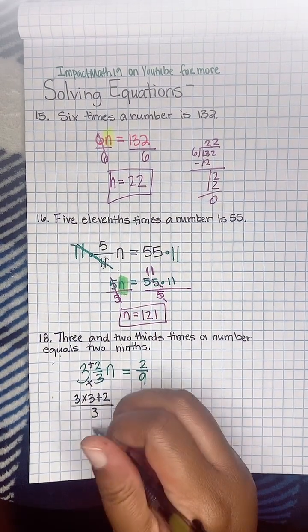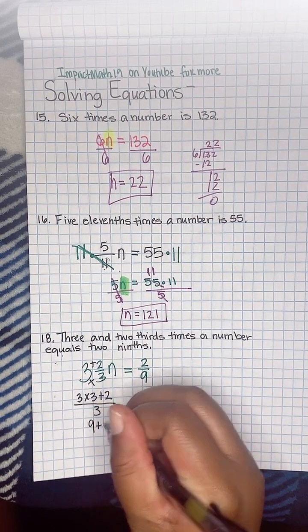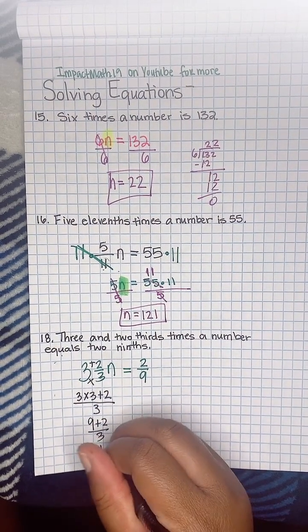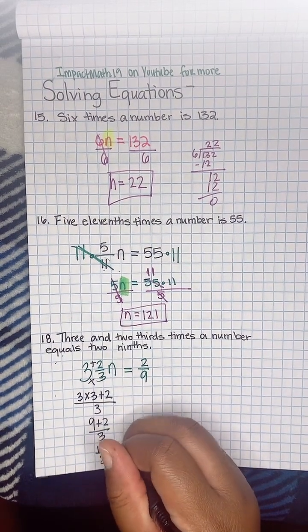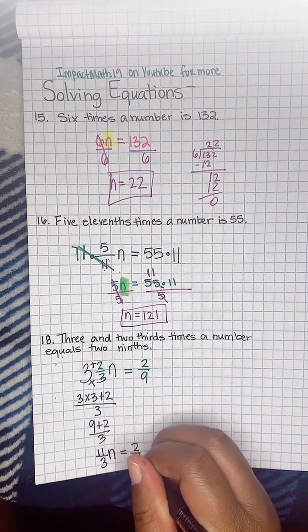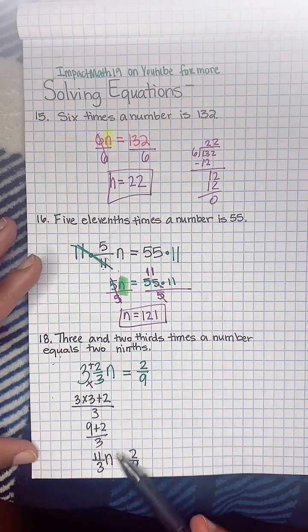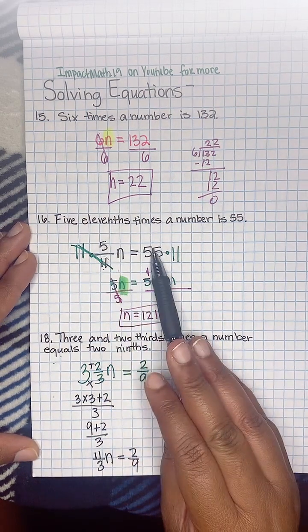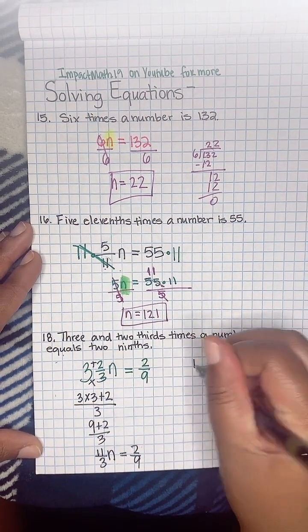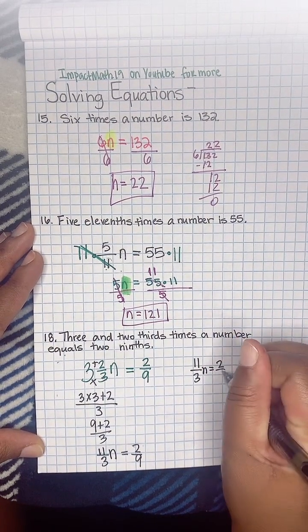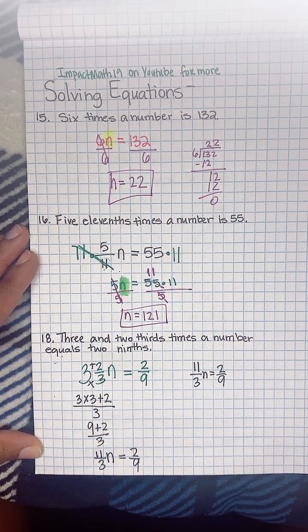So 3 times 3 is 9 plus 2. And 9 plus 2 gets us 11/3. We're going to drop down our n, and we're going to drop down our 2/9. Now, this problem is looking so much like this. So we have, I'm going to bring it up here, you guys, 11/3 n equals 2/9. What are we going to do first?